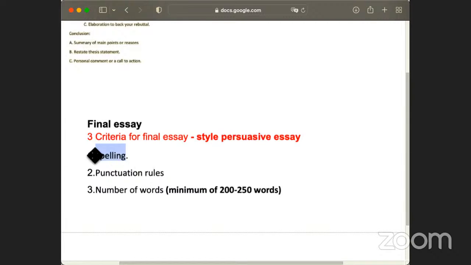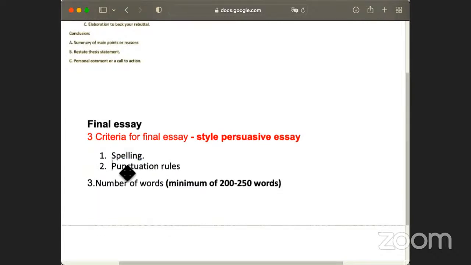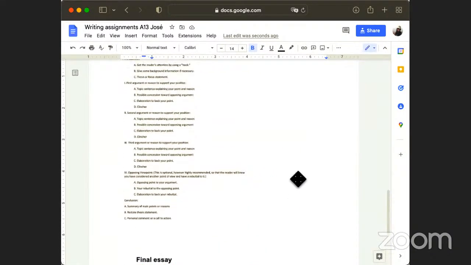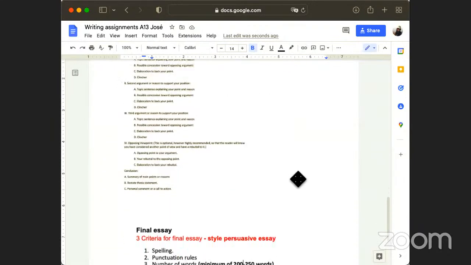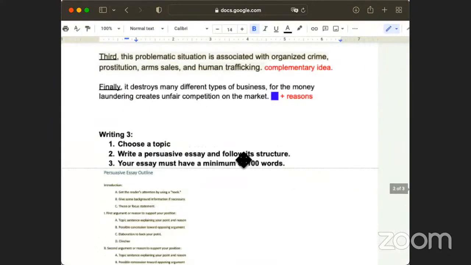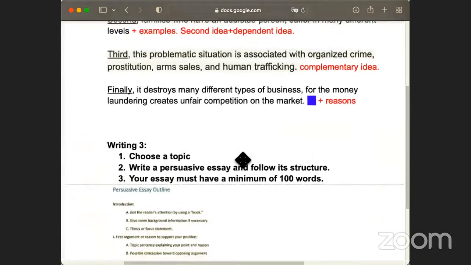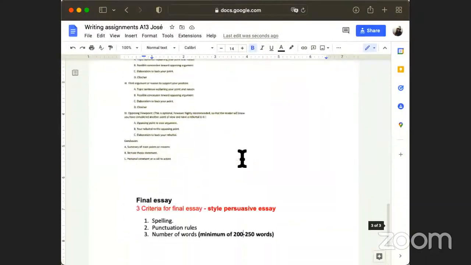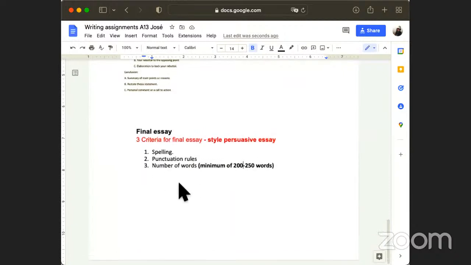You have to be careful to use the correct spelling and punctuation rules. And the minimum number of words is 200 to 250 words. That's the final essay. But please don't forget to work on this 100-word essay first. And obviously remember, you can use any of those for your final essay.